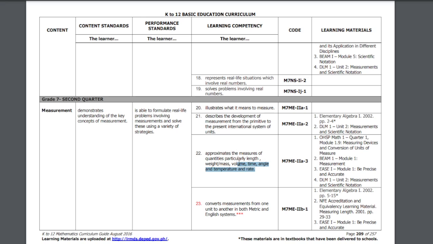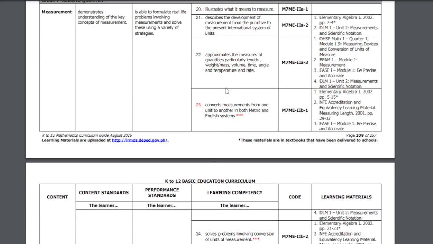I might differentiate. I might divide some: length would be different from weight and mass. It depends on where I will use metric. So some learning competencies would be divided into more than one video.